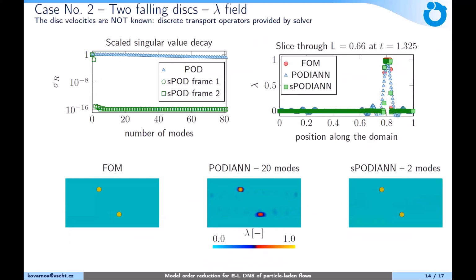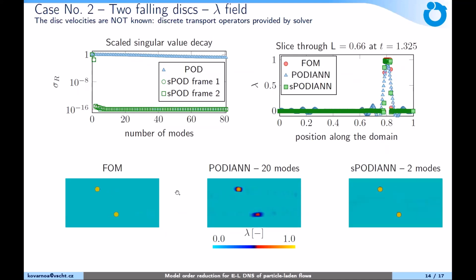Another case was a case with 2 falling disks, where the disk velocities were not prescribed, but rather stemmed from coupled fluid-solid interactions. Here, our solver gave us information on the positions of the disks.